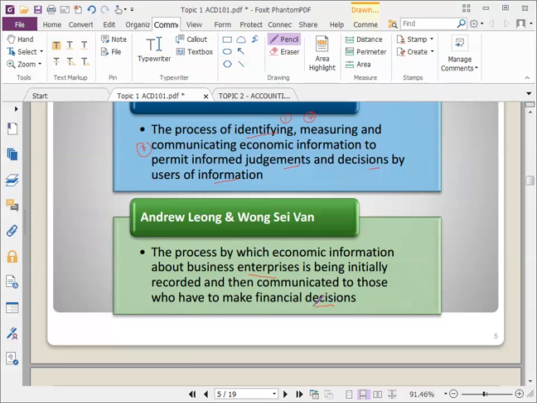If you want more capital, you get it from a financial institution like a bank. The bank will look at your financial statement, and then they will decide whether to give you the capital or the loan or not. That is the decision. So that is overall about accounting itself.